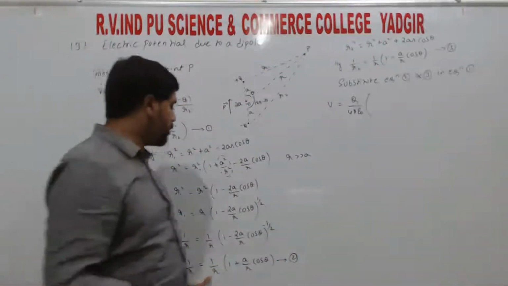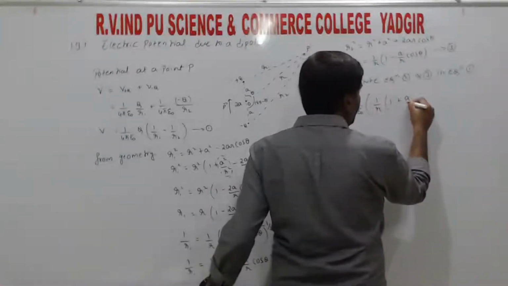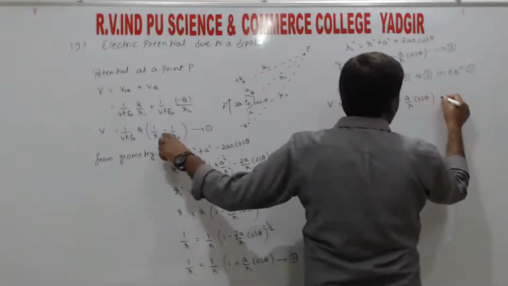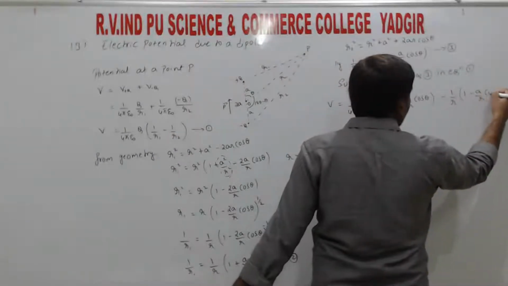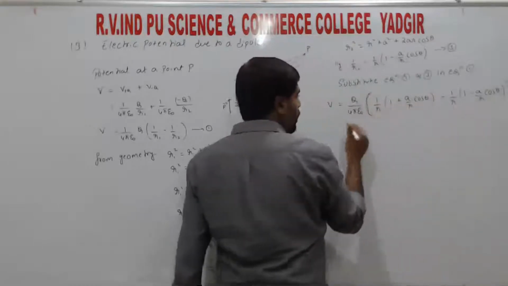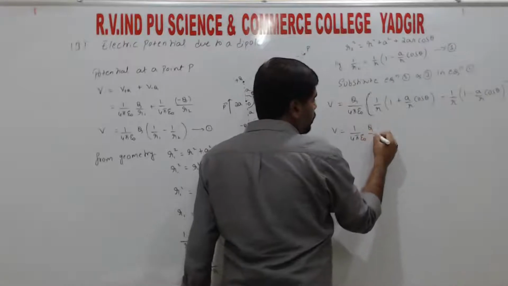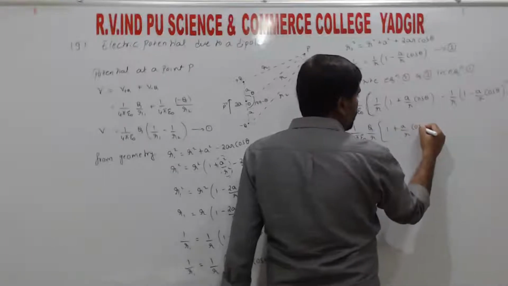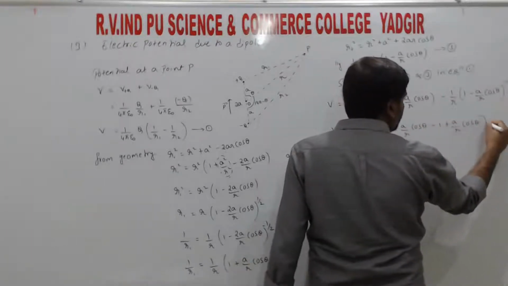So 1 by r1 we can write as 1 by r into 1 plus a by r cos theta, again minus 1 by r into 1 minus a by r cos theta. So here only the term 1 by r is common. So V is equals to 1 divided by 4 pi epsilon naught q divided by r into 1 plus a by r cos theta minus 1 plus a by r cos theta, right?